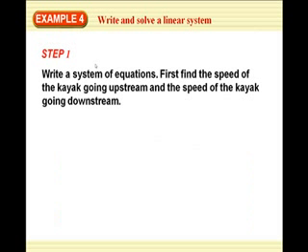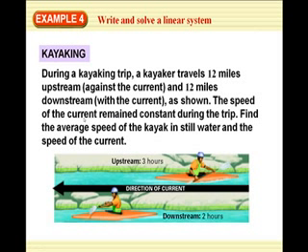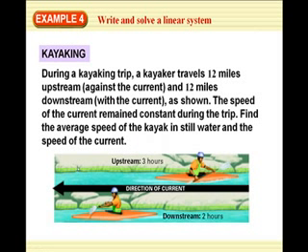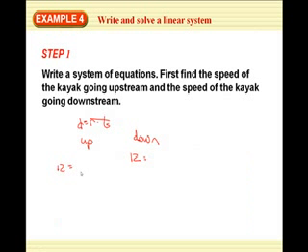So here's the deal. Before we have distance and rate and all this, we need to remember that distance equals rate times time. So how far is the kayaker going? Did it say 12 miles? So let's do one for upstream and one for downstream. The distance is 12 on both of them. The time upstream is 3 hours, so the rate times 3.